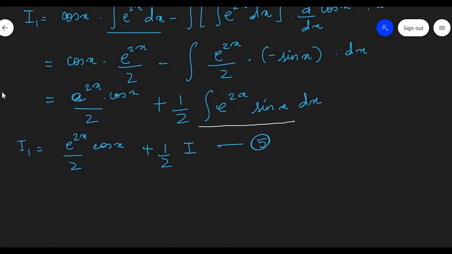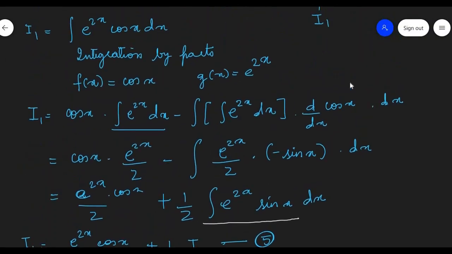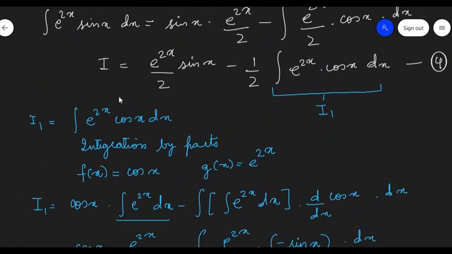If you remember what our equation number 4 was, in equation number 4, we were calculating the value of I, and now we have calculated I1.